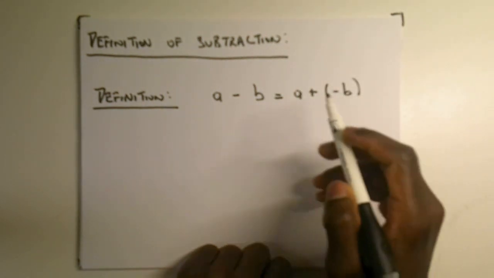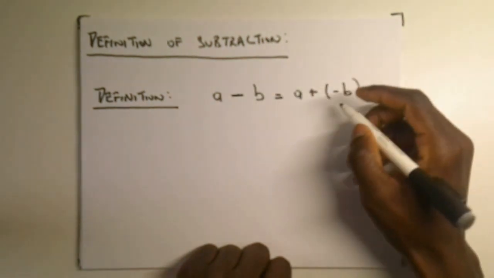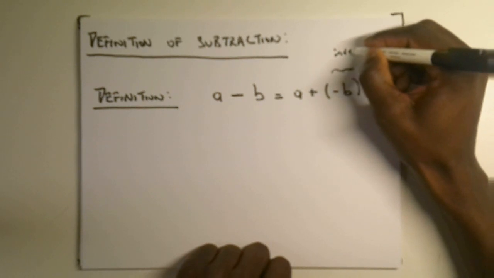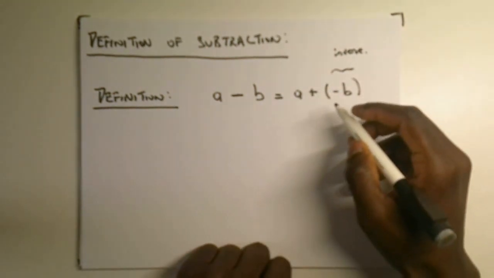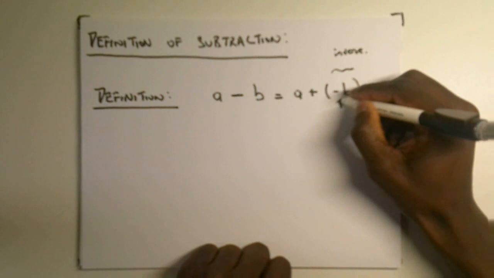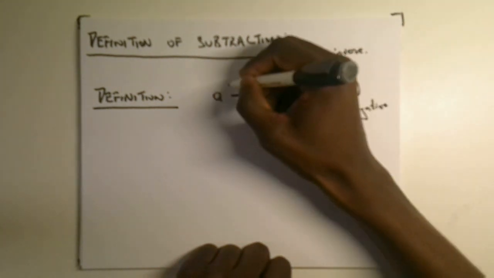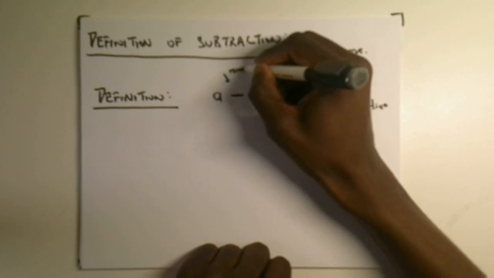So there's a slight subtlety or distinction here where this symbolizes the inverse, hence the negative symbol. So this is the negative symbol, but this is the minus or subtraction symbol.